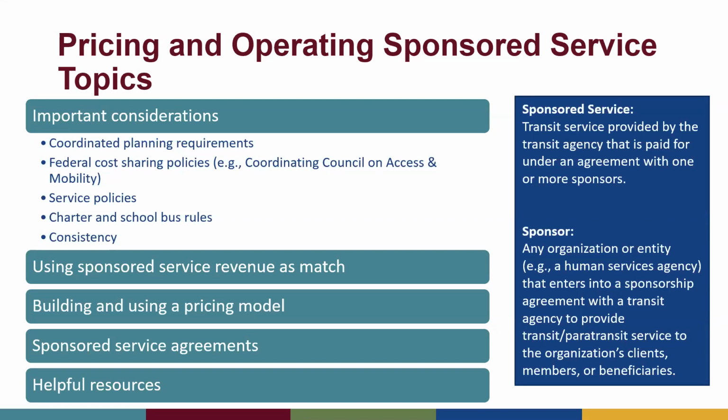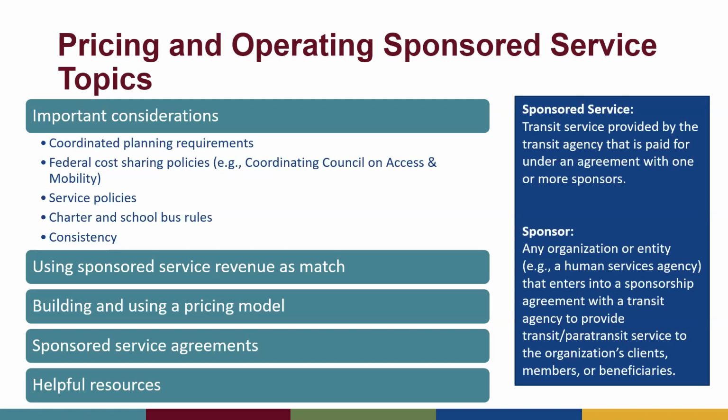So the chapter really goes into some level of detail about many different aspects of providing sponsored service. So for instance, if the service is being provided under a coordinated public transit human services plan, how does that work? What should you be thinking about? If you have multiple federal sponsors, or there's federal money helping to pay for this sponsored service, what do you need to be thinking about?